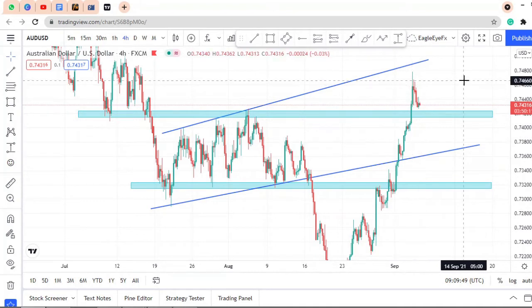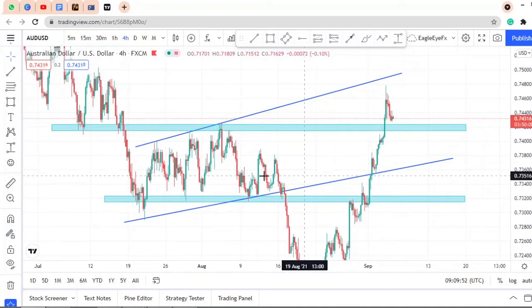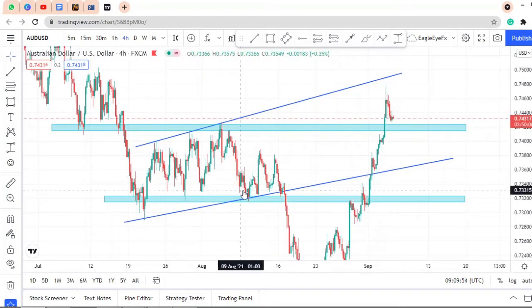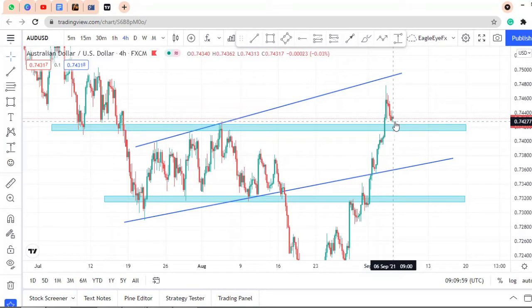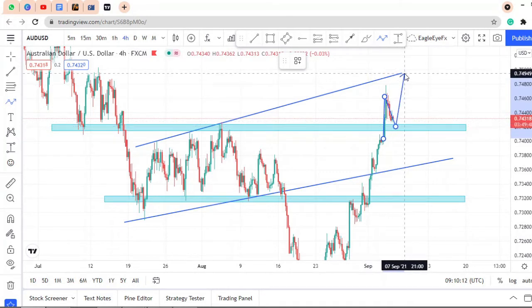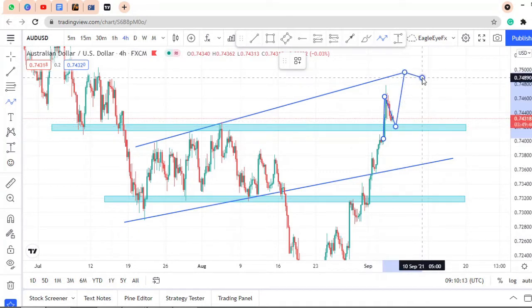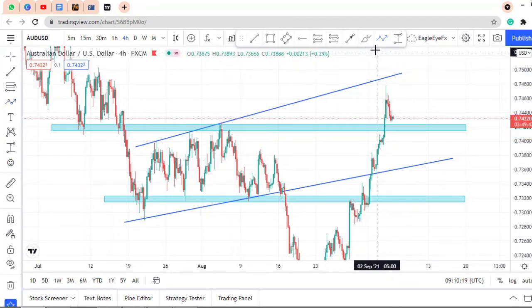What I've noticed here is that it looks also like an ascending triangle. But I've also seen a break, and it's like Audusd is trying to come and find support in this level here. I see a break, then coming to find support before it continues going up.